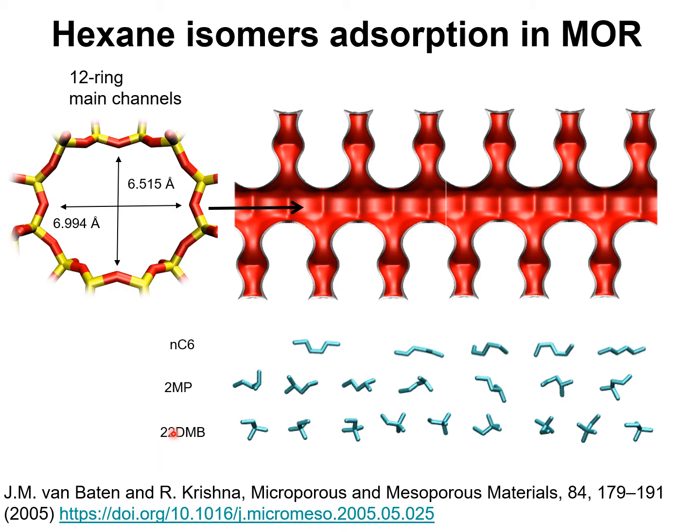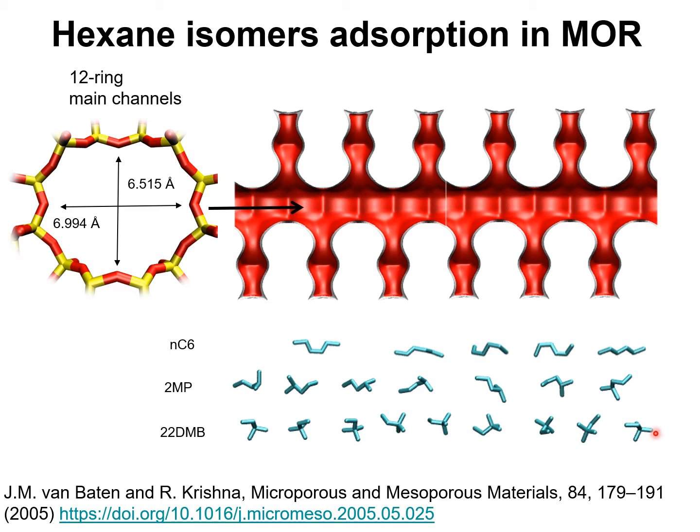If we proceed to the dibranched isomer 2,2-dimethylbutane, which has a still shorter footprint, we can accommodate 1, 2, 3, 4, 5, 6, 7, 8, 9 molecules of 2,2-dimethylbutane. The saturation capacities of these guests would be in these proportions shown here.